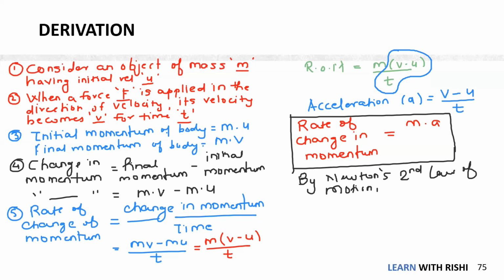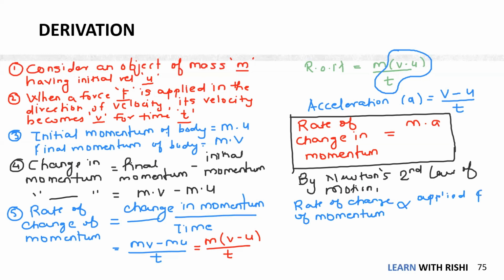Newton's second law of motion says that the rate of change of momentum is directly proportional to the applied force, right? So we'll write: rate of change of momentum is directly proportional to applied force.